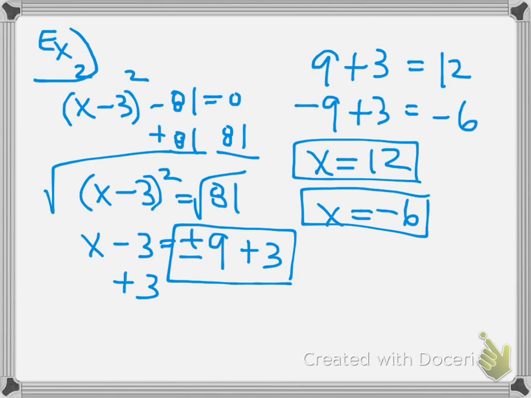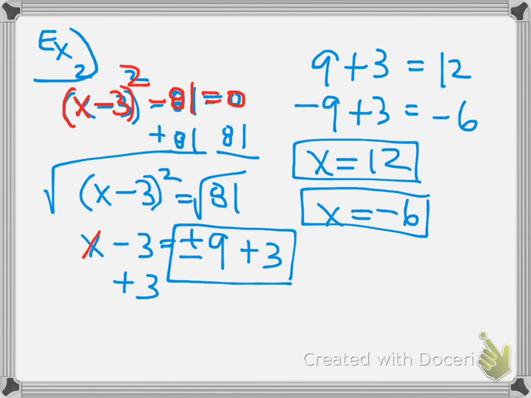Here's another problem. Parentheses x minus 3 squared minus 81 equals 0. So I add 81. So then the squared is by itself. Then you take the square root to get rid of the squared.